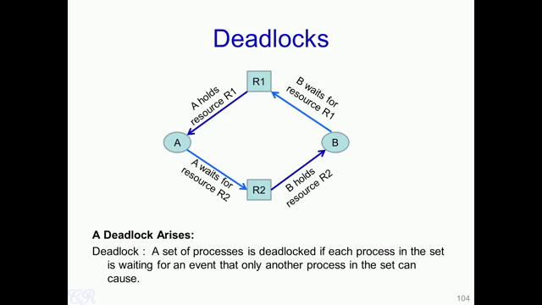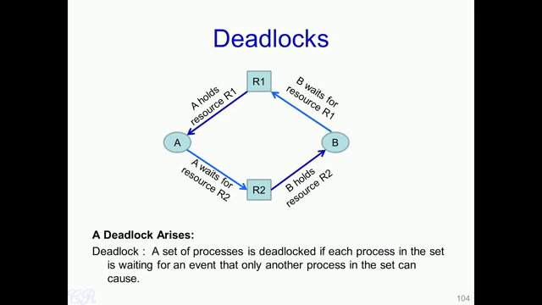For instance, over here the process A is waiting for the resource R2, which is held by B. B in turn is waiting for R1, which is held by A. We have a set of two processes A and B, and each process in the set is waiting for the other process to do a particular thing.